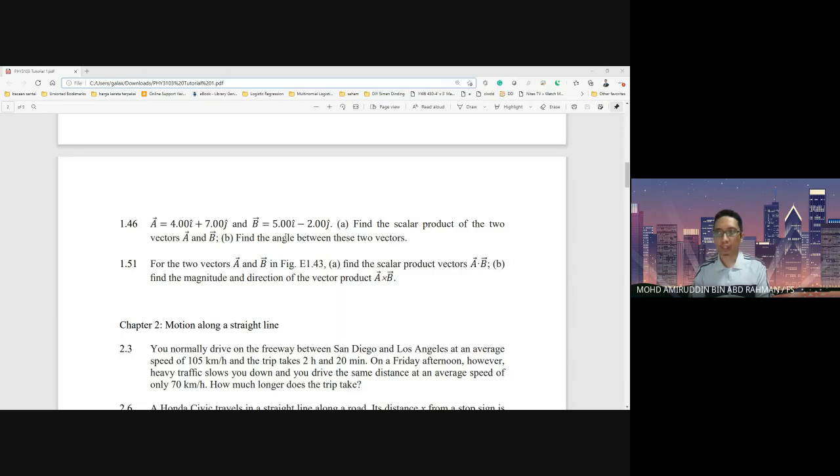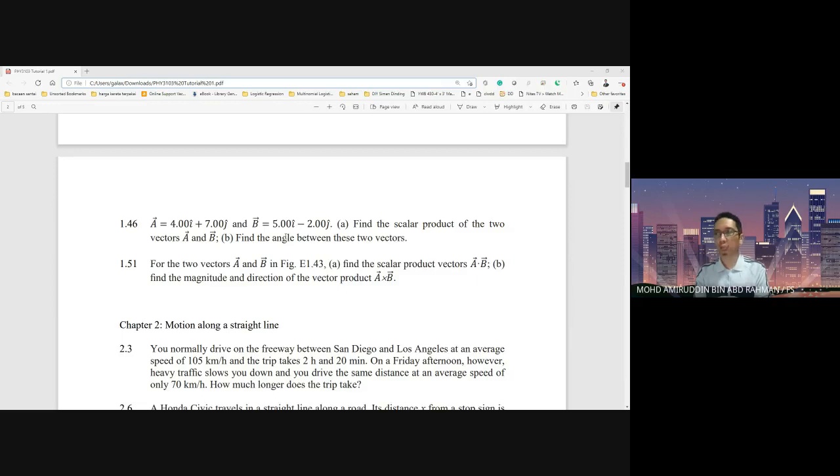There is another method, you can also use the component. It will be a similar way to solve, but the easier way is to use directly the formula of AB cos phi. So you solve for cos phi.